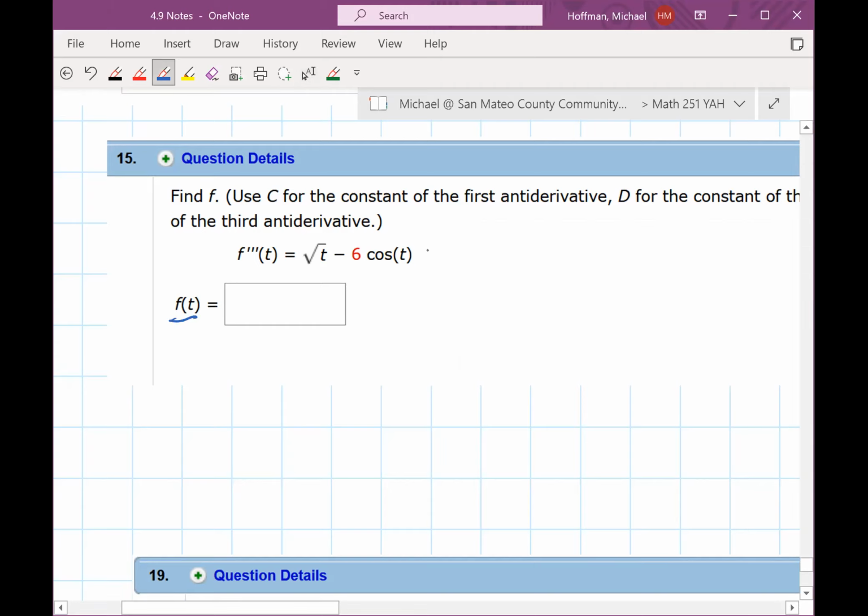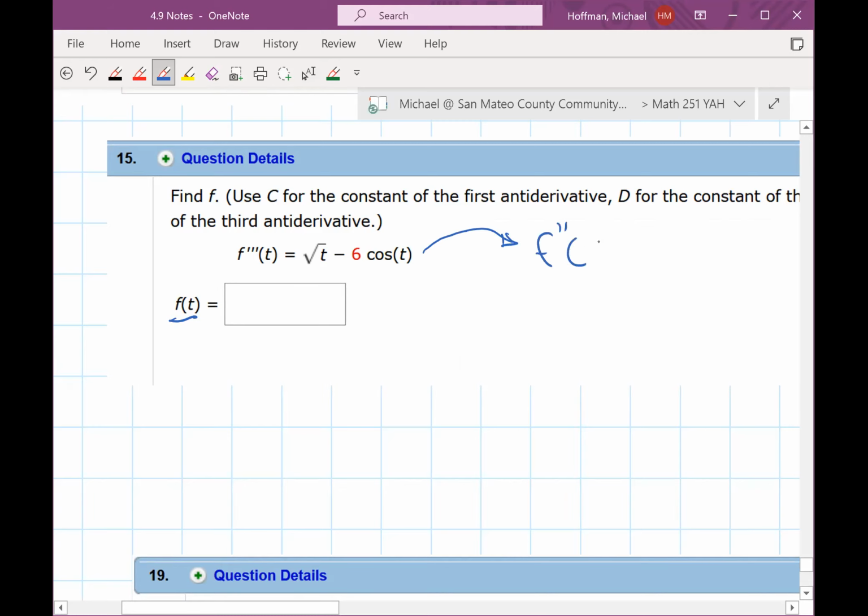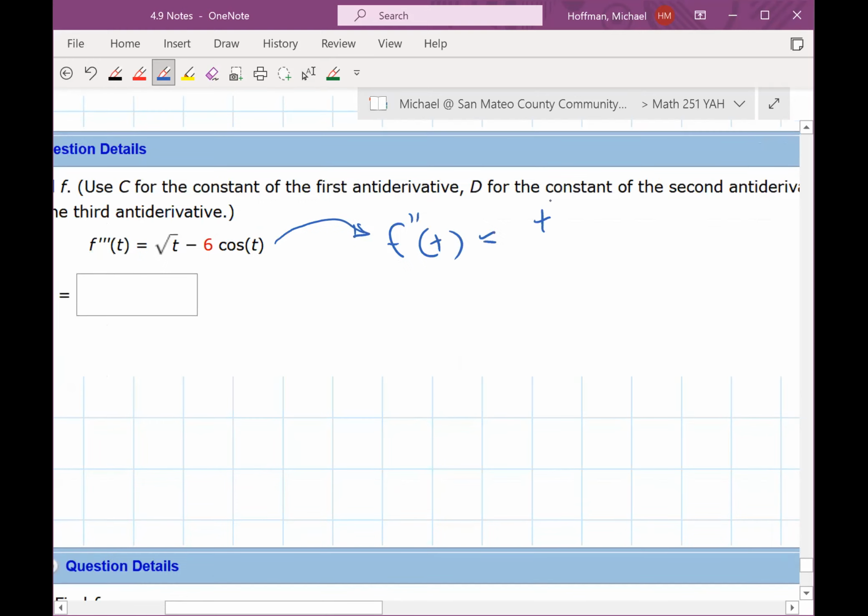Okay, so if I do my antiderivatives, then I can remove one of my primes. So one prime removal is going to be, I had t to the 1/2, and notice it's minus cosine. So the antiderivative is just going to be sine. So this is going to be plus 6, and this one becomes sine t.